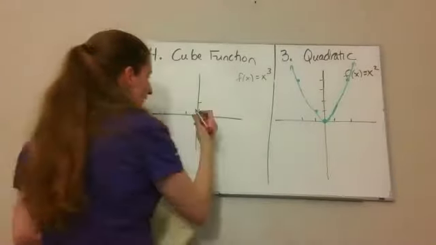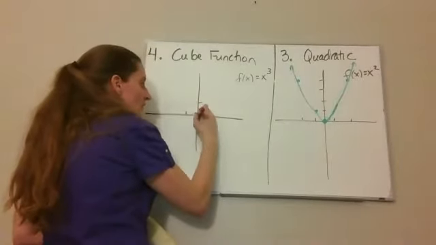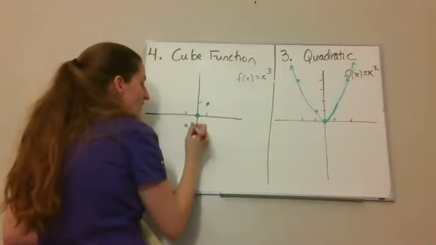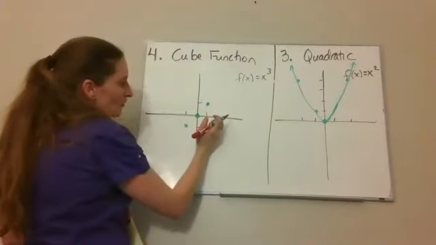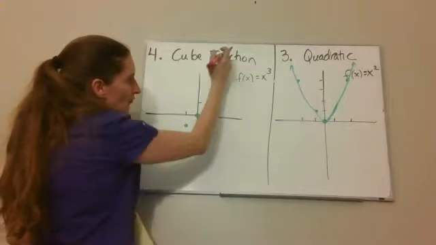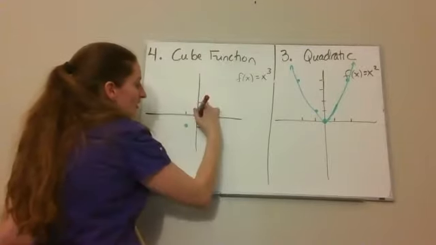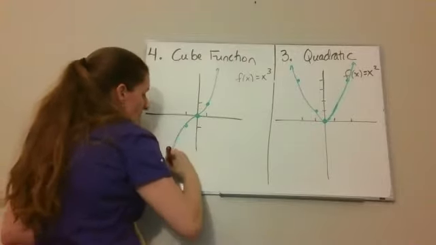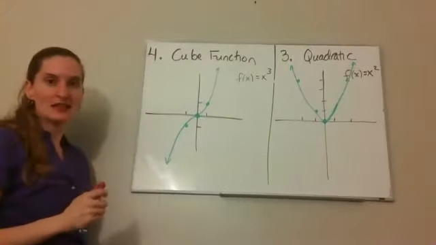The graph of this function goes through 0, 0. We have a point at 1, 1, and a point at negative 1, negative 1. If I went over to 2, the next value for my y would be up at 8. The cube function has a shape like that.